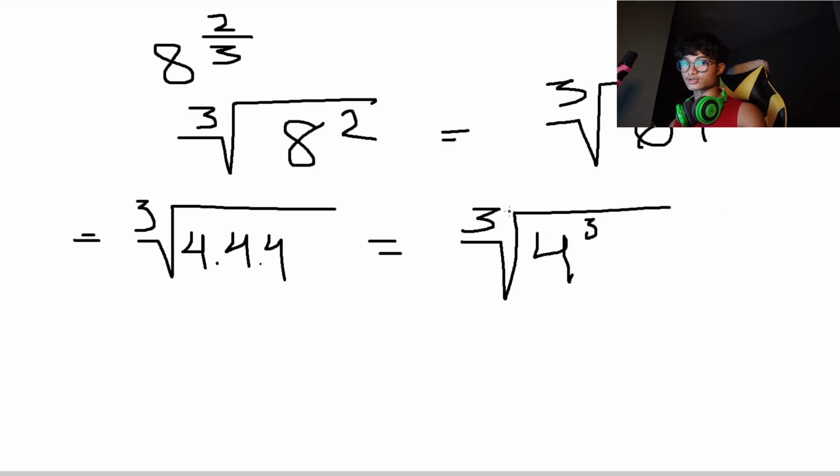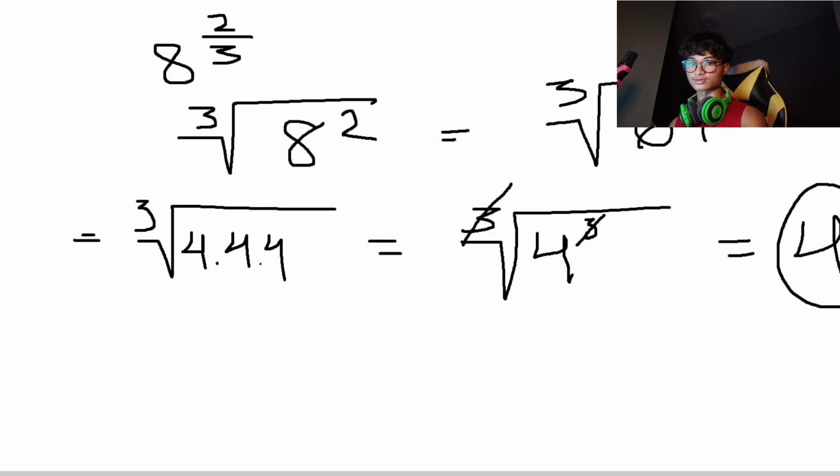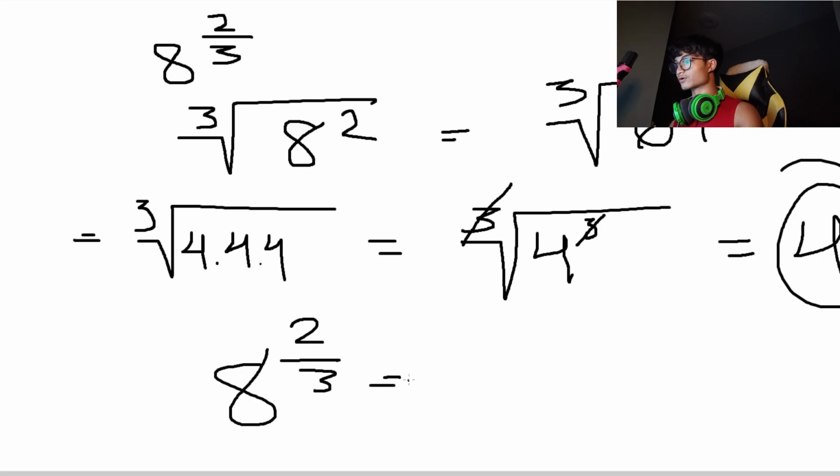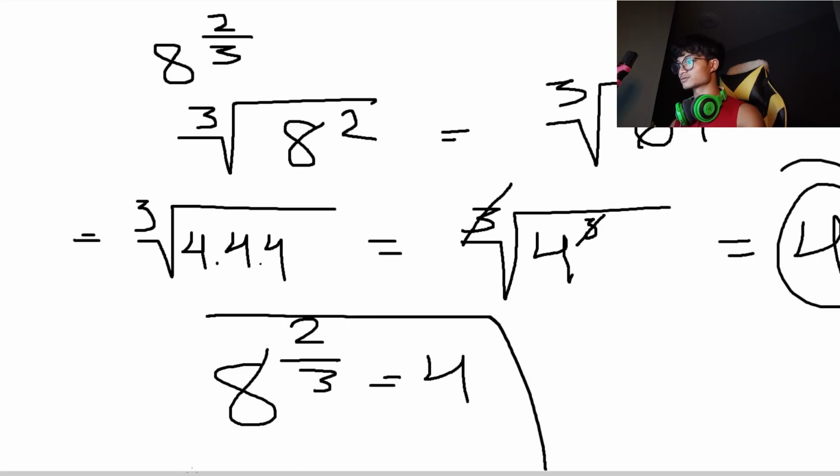Now that the root and the exponent are the same, we can cancel these both out, and now it's equal to 4, and that is the final answer. So therefore, 8 raised to 2 over 3 equals 4, and that is the final answer.